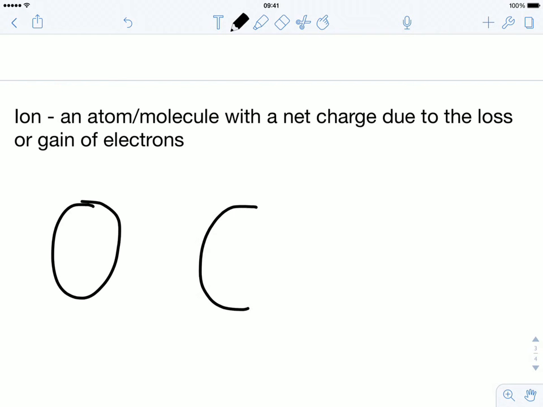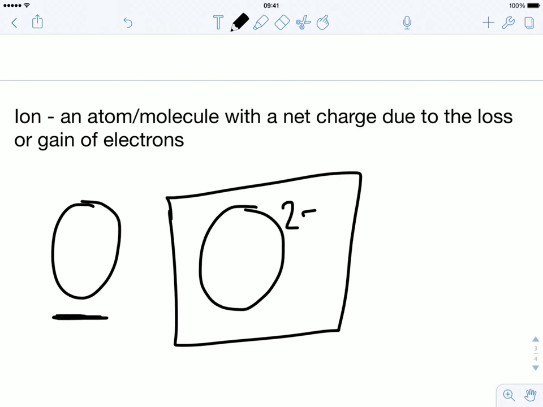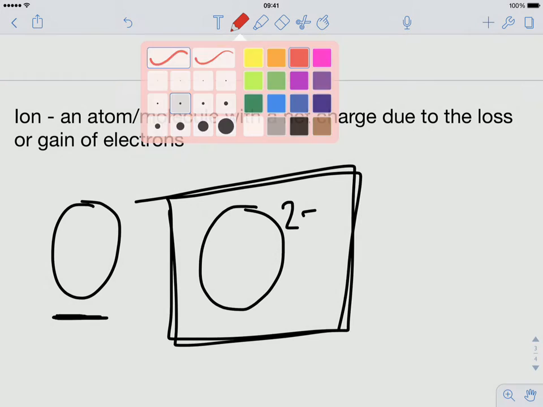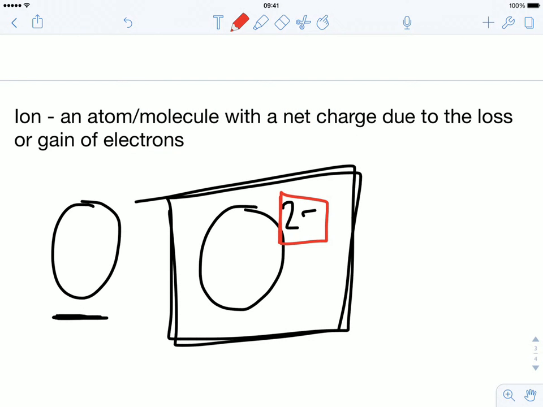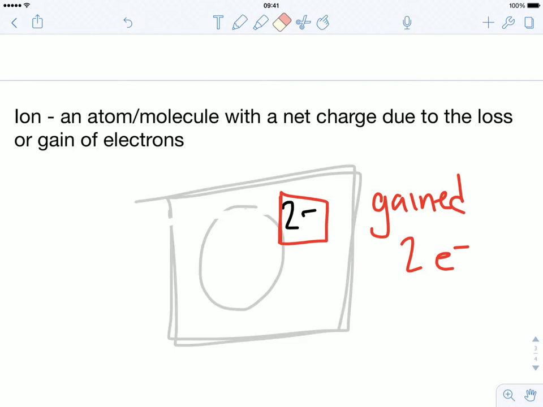The ion that oxygen forms is O2-. So this oxygen has the same amount of protons and electrons. This oxygen is the ion because it has a charge. So this 2- right here means that it has a net charge of -2, meaning that it gained 2 electrons. Okay, so those are some examples of ions.